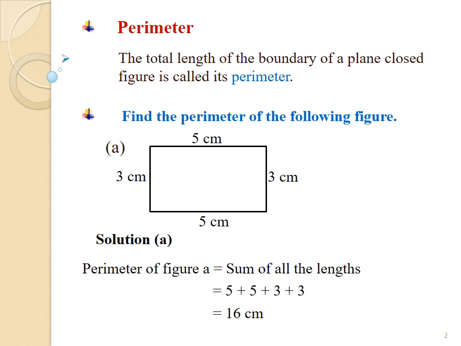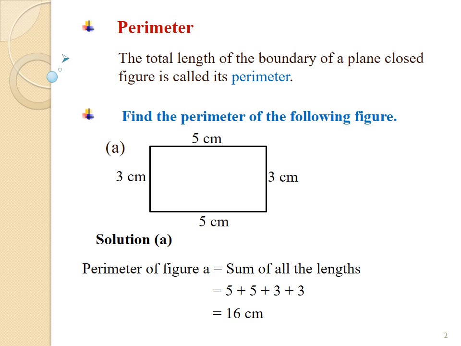Find the perimeter of the following figure. Students, we come to know that perimeter is the total length of the boundary of a closed figure. Students, we know that when the word total is given, we have to add.